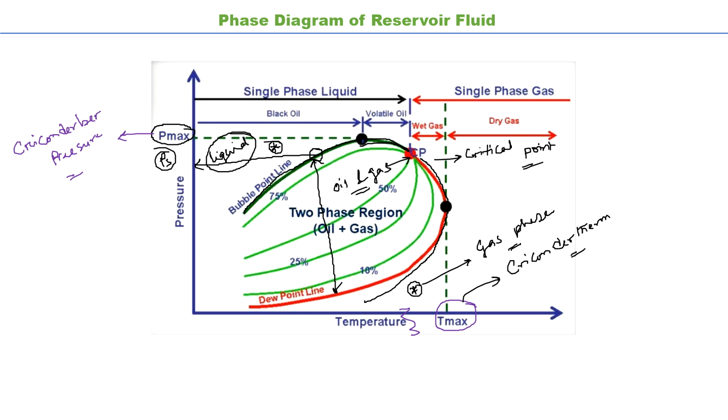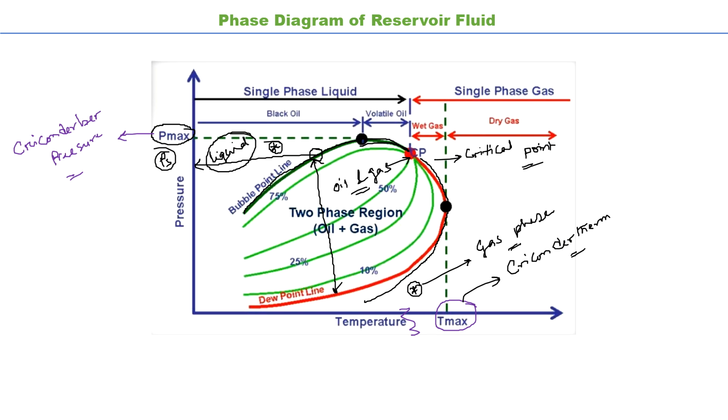So inside the two-phase region, outside the bubble point line there is a single phase, that is the liquid phase, and outside the dew point line, a single phase, that is the gas phase, is present. Now we had already explained why the bubble point is known as the saturation pressure, because at this particular pressure oil is completely saturated with the gas.